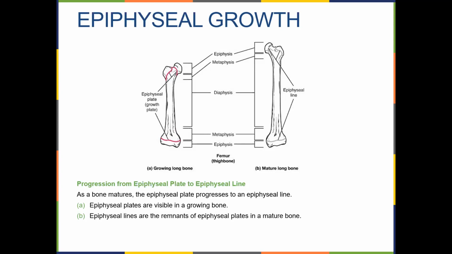It doesn't matter how old the skeleton is that you find. It could have been around for 100 years, but you can tell the age of the individual within a few years based on whether or not there's an epiphyseal line, or on the X-ray, a dark spot.